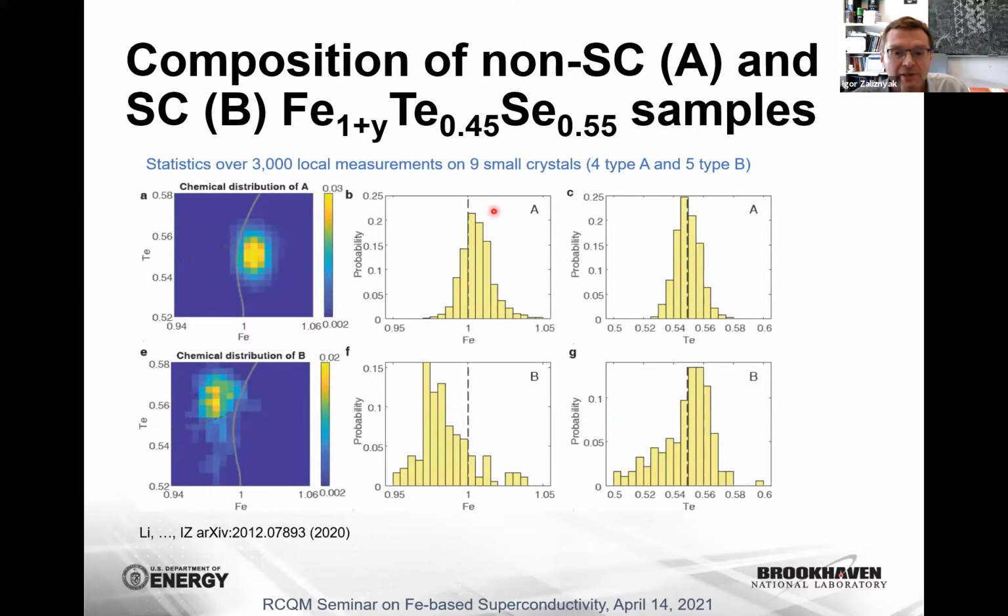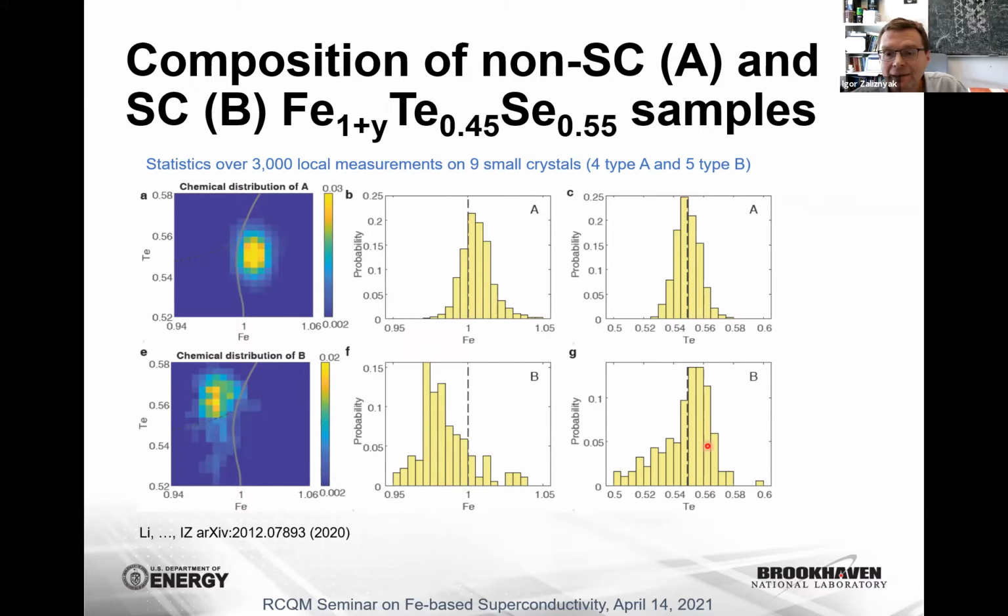And what we see is that indeed the main difference between sample A, which is non-superconducting, and sample B, which is superconducting, is that sample B has slightly deficient average iron content, while sample A is nearly stoichiometric, but probably maybe 0.5% more iron than stoichiometrically allowed.